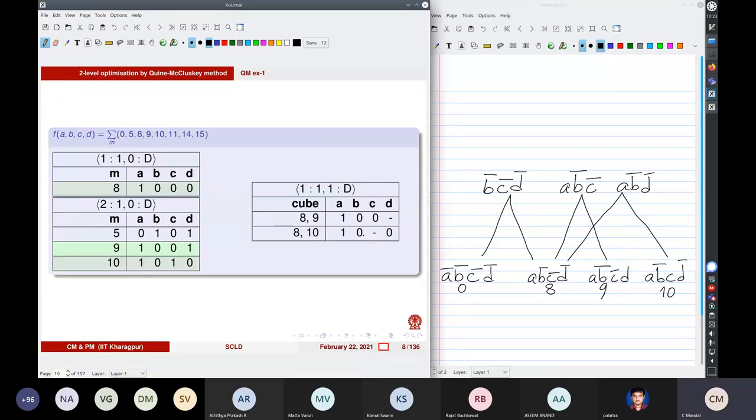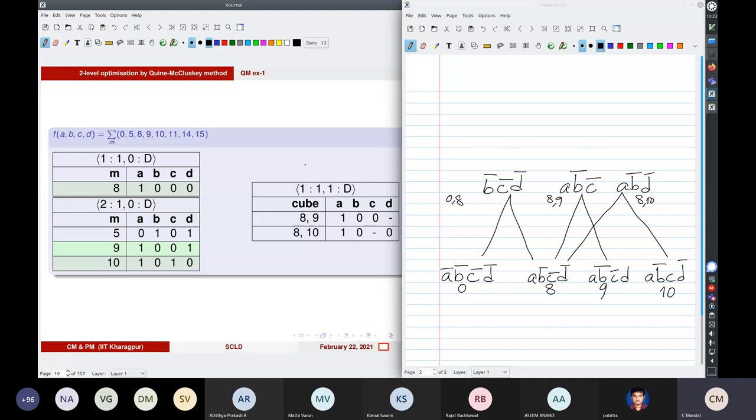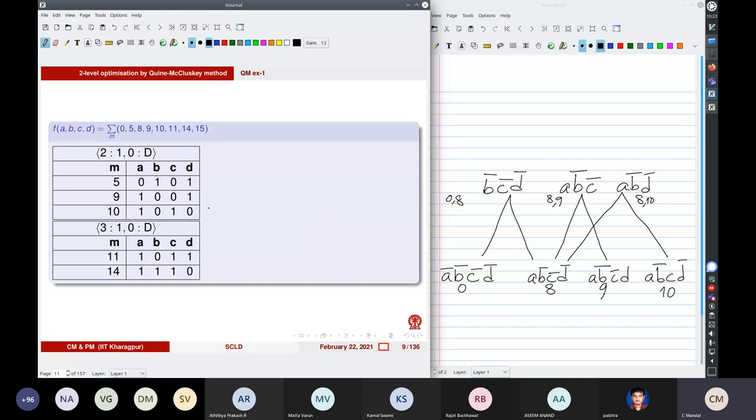So this is what I get. As you can see, this is 0, 8, and this is 8, 9, and this is 8, 10. So these are the cubes which are adjacent to 8, apart from the all 0 cube, which you have already handled earlier. These are the cubes that you get.